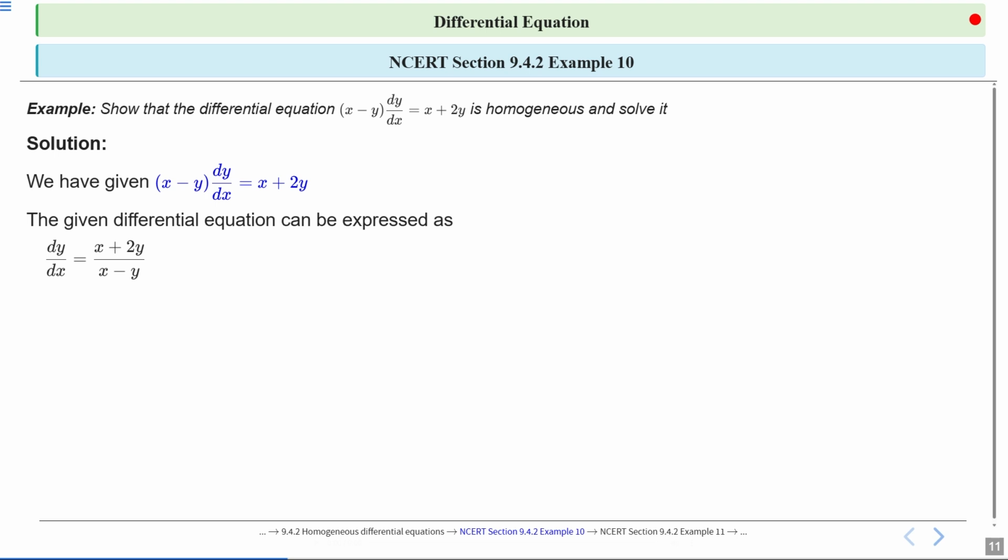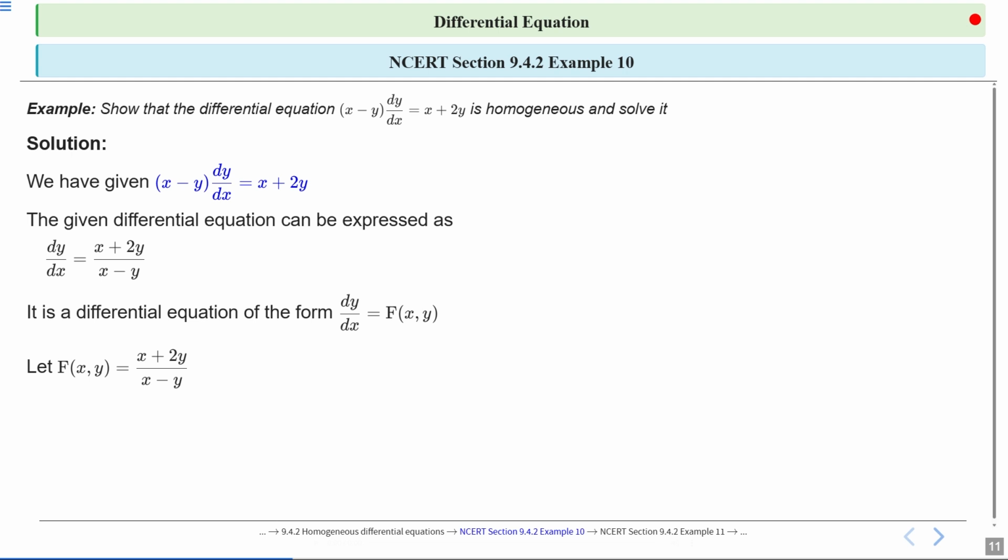So the given differential equation can be expressed as dy by dx is equal to (x plus 2y) by (x minus y). When we compare this with the form dy by dx is equal to f(x, y), the function f(x, y) is (x plus 2y) by (x minus y).